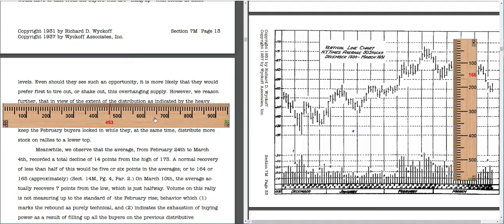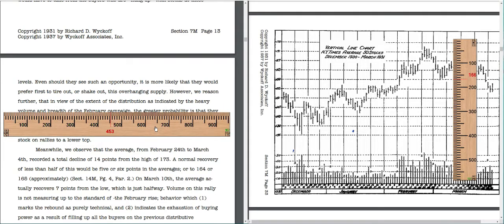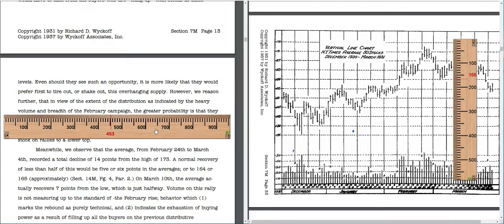However, we reason further that in view of the extent of the distribution as indicated by the heavy volume, the extent of the distribution. So what describes the extent of the distribution? Like, there's minor distribution, right, or preliminary distribution. So how do you quantify the amount of distribution?